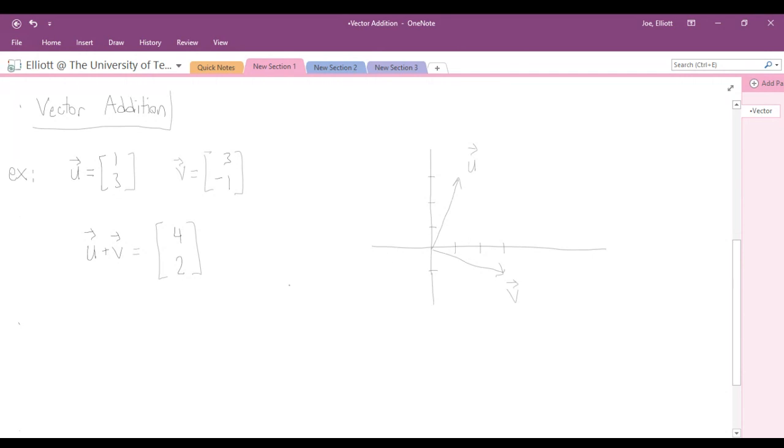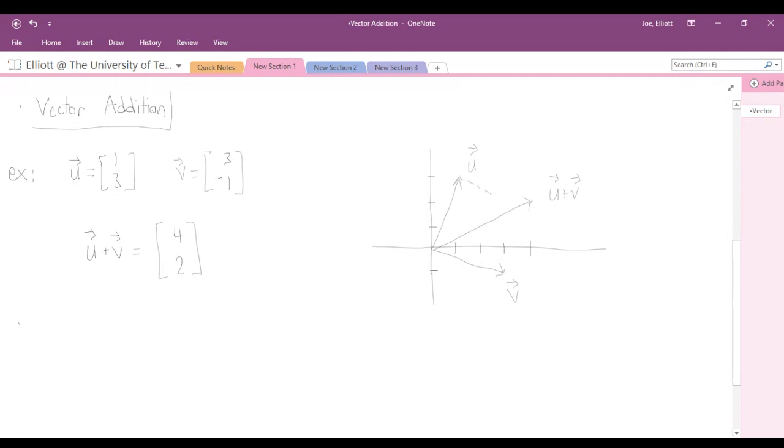And notice that the sum, which we've already computed, was the vector 4, 2. So let me draw that as well. So it'd be about here. Okay, so that was u plus v with coordinates 4 and 2.